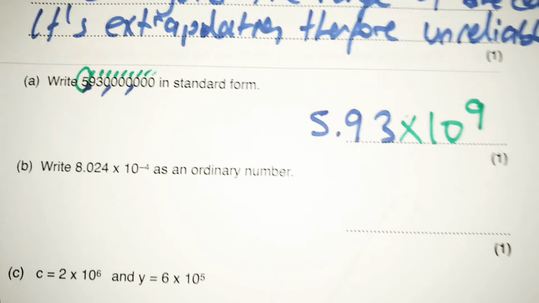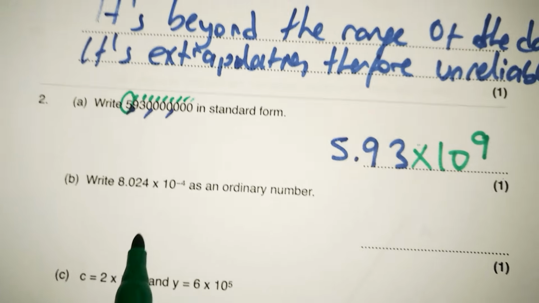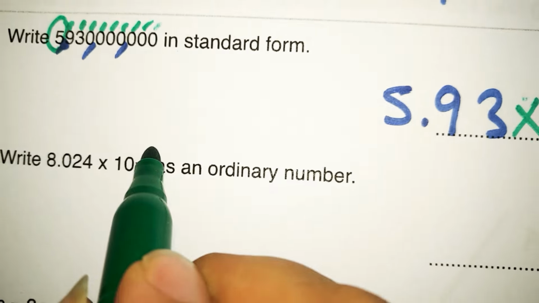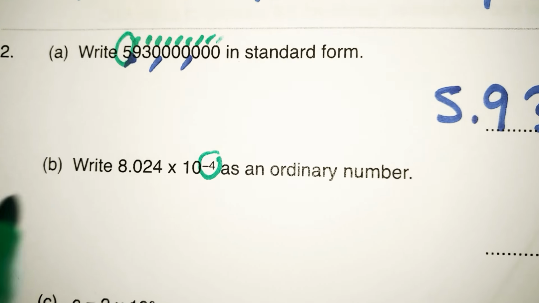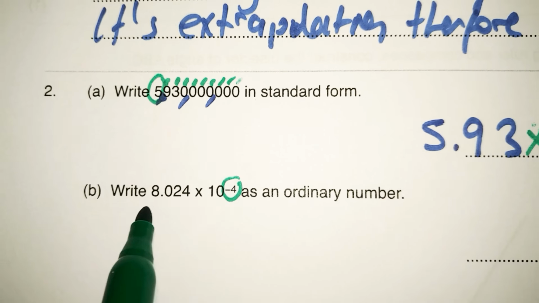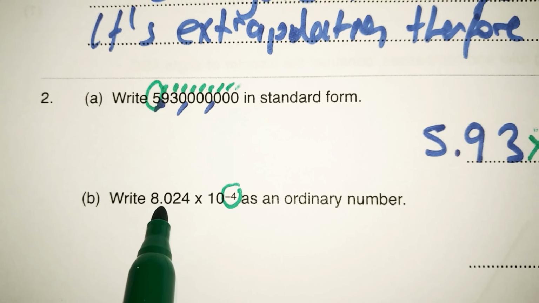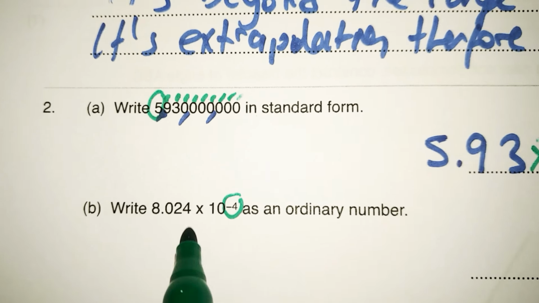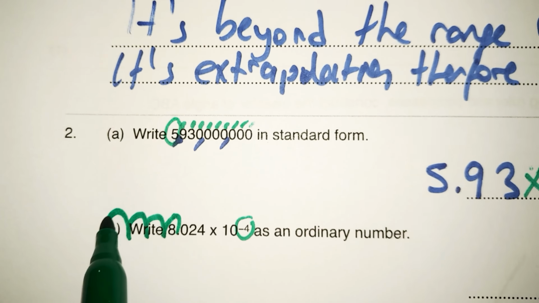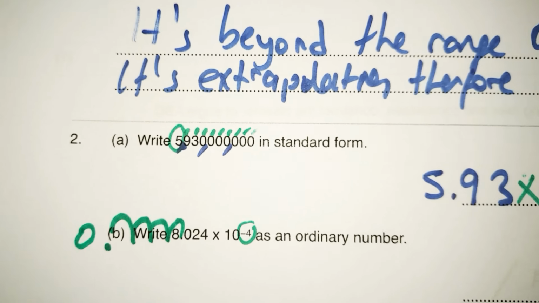So the next question is about writing a standard form as an ordinary number. So you see, please highlight the power of -4. If you have the power of -4, it means you need to convert it by adding zeros. So the dot is here, and you need to move it 4 digits. So look, 1, 2, 3, 4, and then the dot comes here and then 0 comes here.